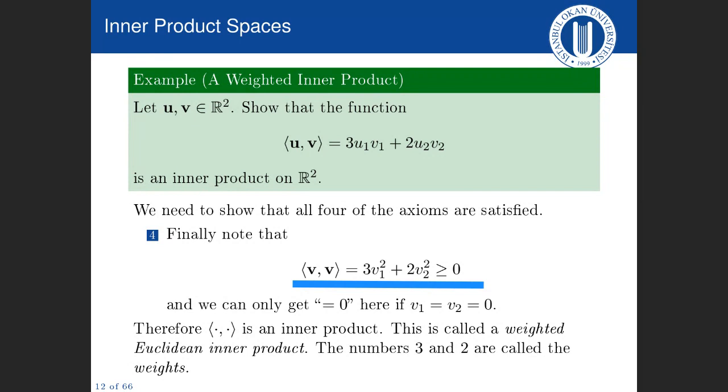The only way we could get equal to 0 here is if both v1 and v2 are equal to 0. So rule number 4 is also true. That proves that this function is an inner product. And actually, this function is called a weighted Euclidean inner product. The numbers 3 and 2 in the definition here are called weights.